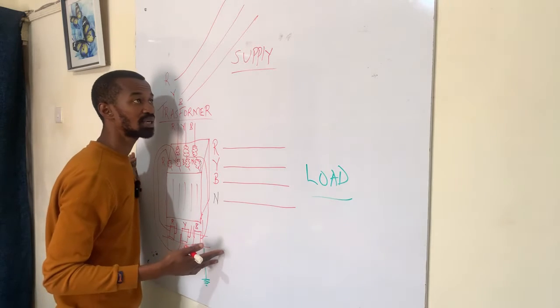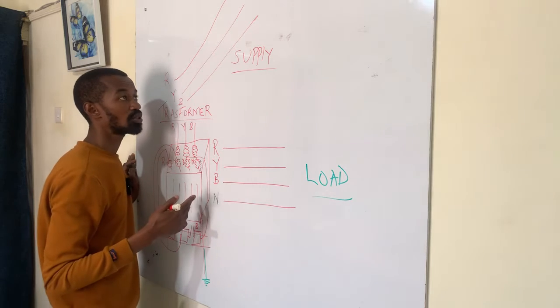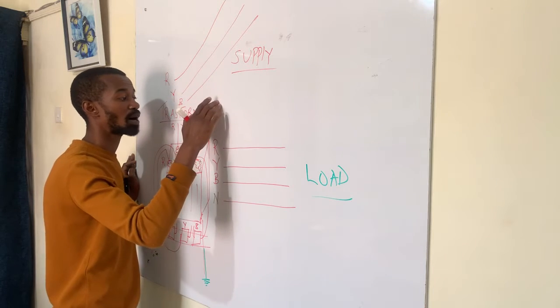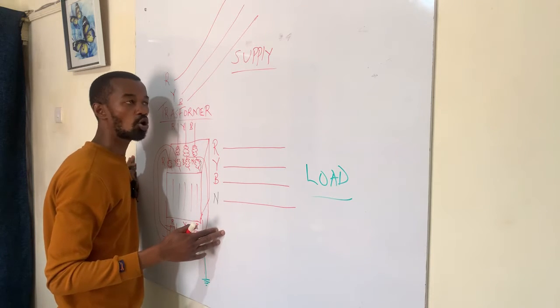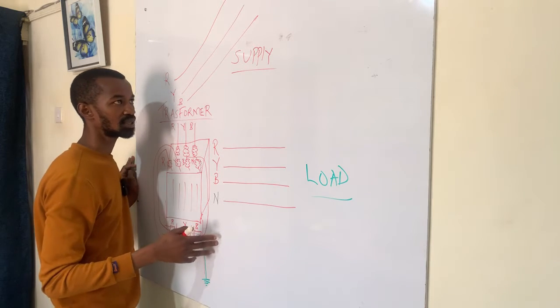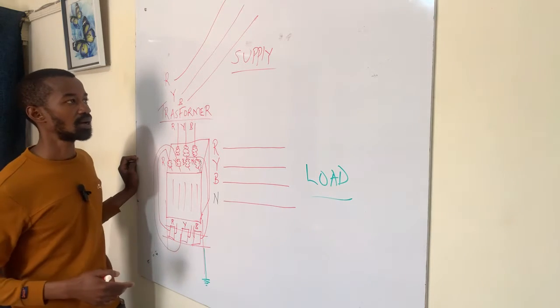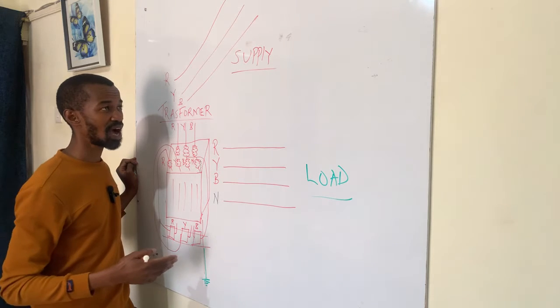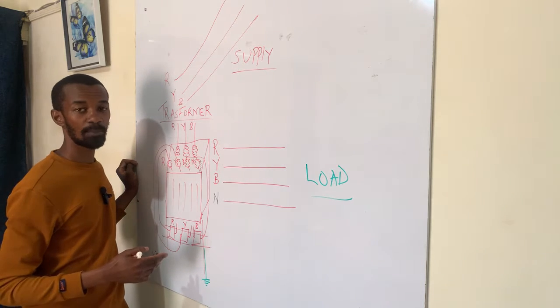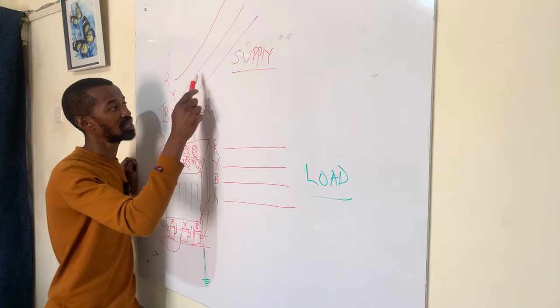This is normally determined at the point where the customer, or the person applying for this power supply, quotes what the load is, or what they are supposed to power. If they have a high demand for the load, then they will be supplied with these three phases.